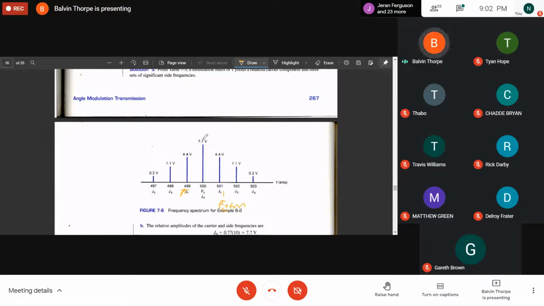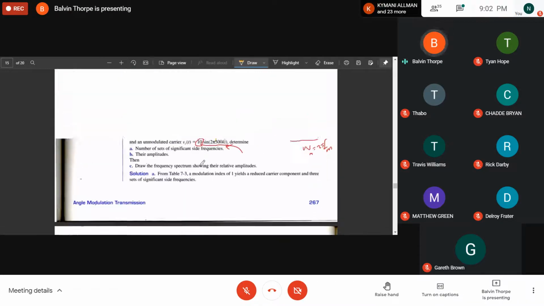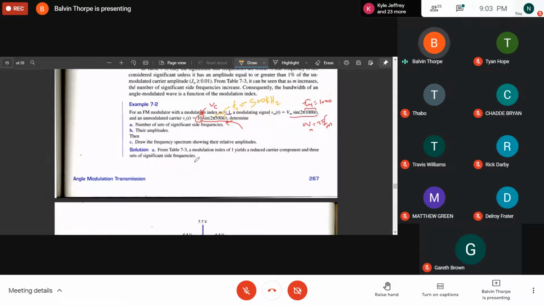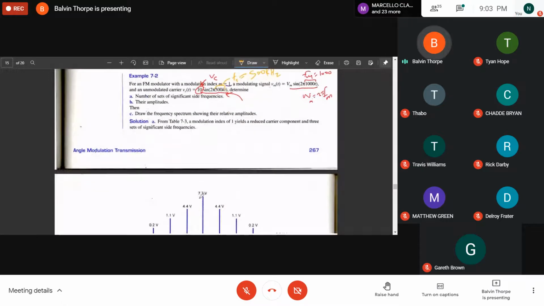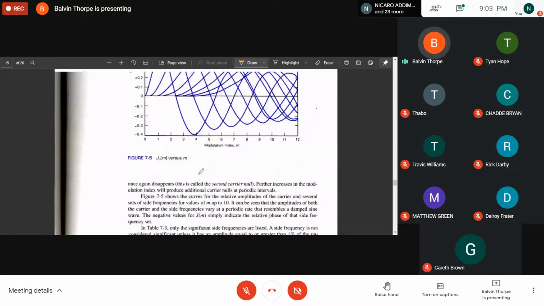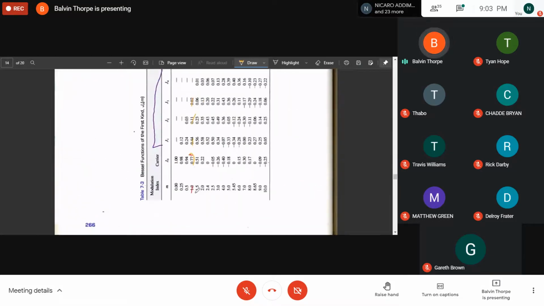Because you realize something is going to happen. These values are changing. Remember, the unmodulated amplitude of the carrier was 10. But when you modulate this signal, the J0 value is going to multiply the 10. If you look in the table, the J0 value for a modulation index of 1 is 0.77.